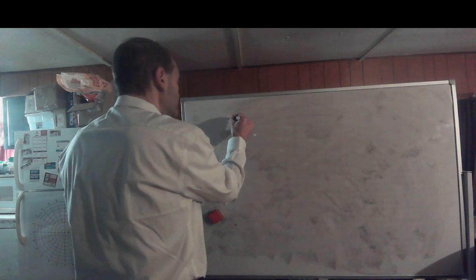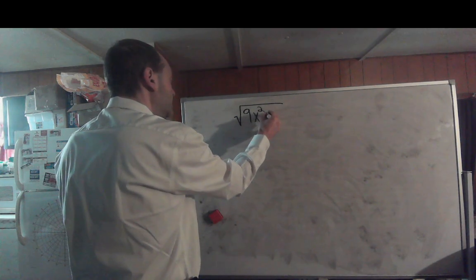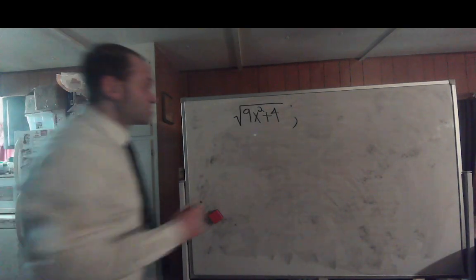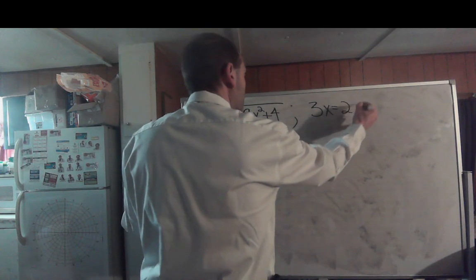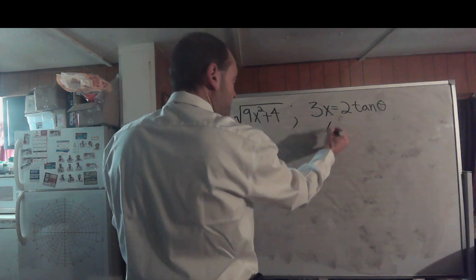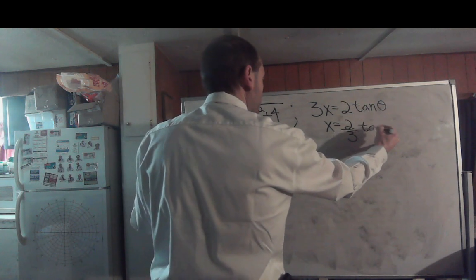Alright, we have the square root of 9x squared plus 4. They're going to tell you to make the substitution that 3x equals 2 times the tangent of theta, which would have to then mean that x equals 2/3 of the tangent of theta.